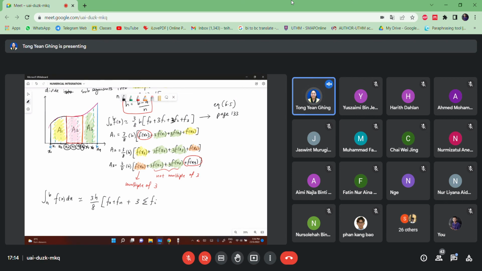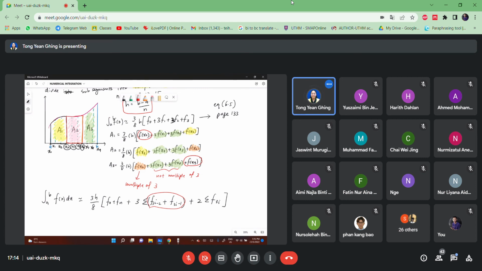I will write it like this. If you look at the book, you will write like this: f of 3i minus 2 plus f of 3i minus 1, and then plus 2 times the summation of f of 3i.